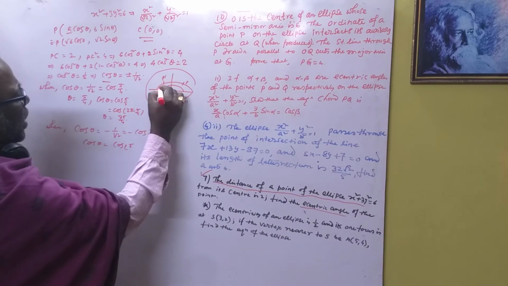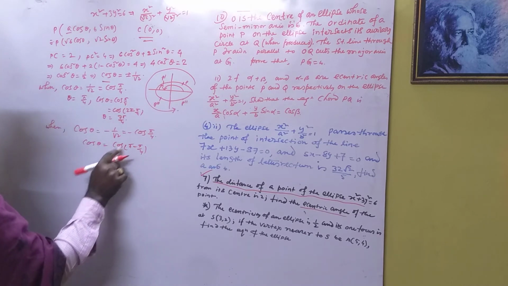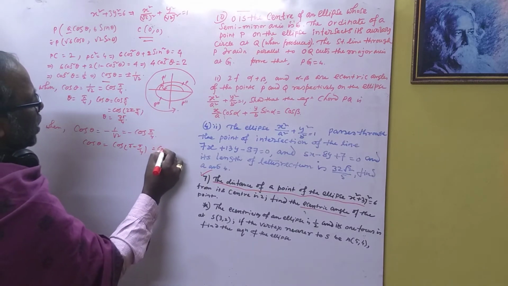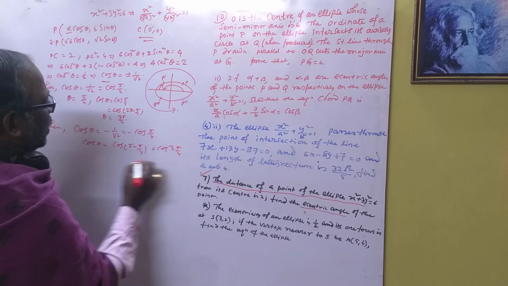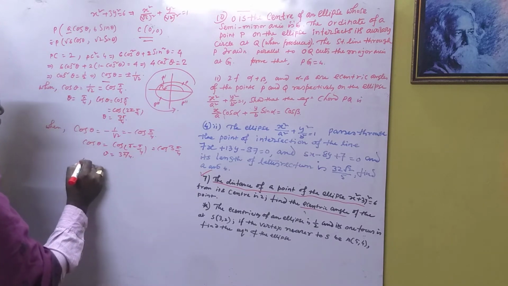So simplifying, minus cos pi by 4, we can write 3 pi by 4, so theta is equal to 3 pi by 4.